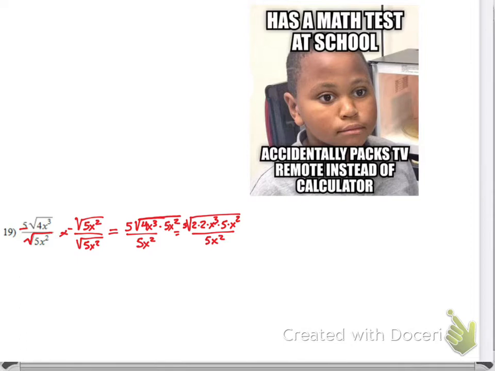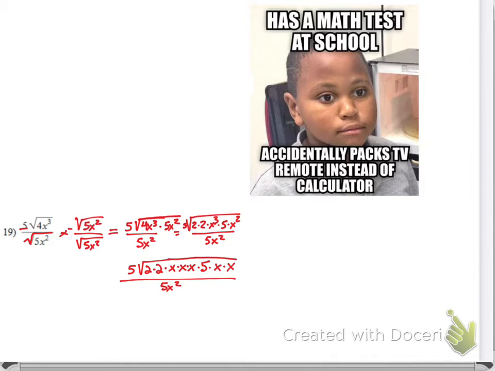All right, and then if I want to rewrite that, that's going to be a 2 times 2 times x times x times x times 5 times x all over 5x squared.